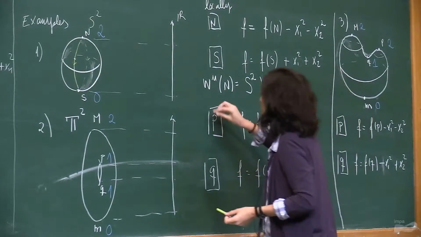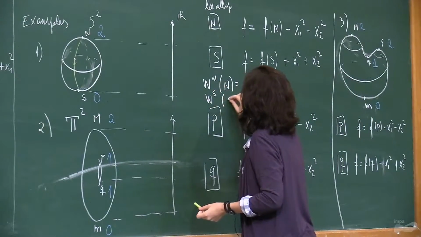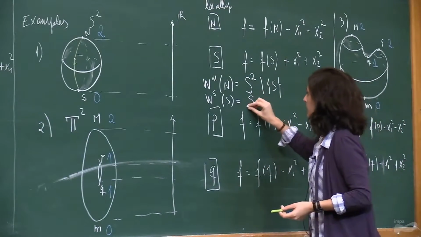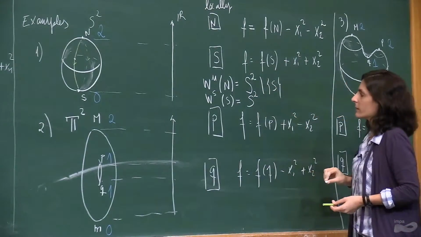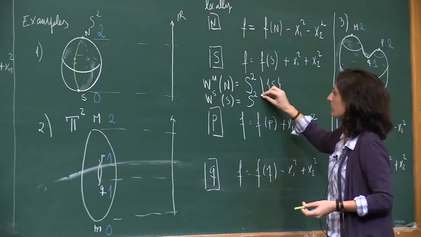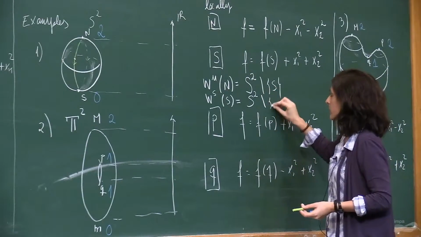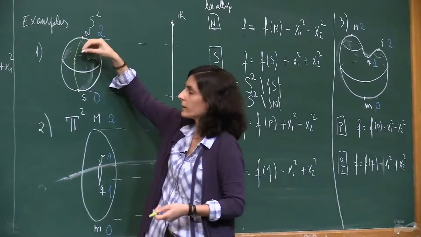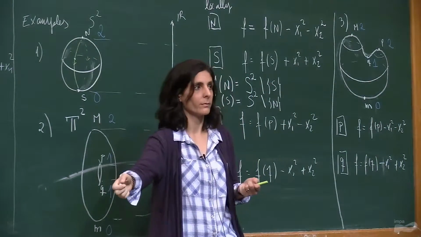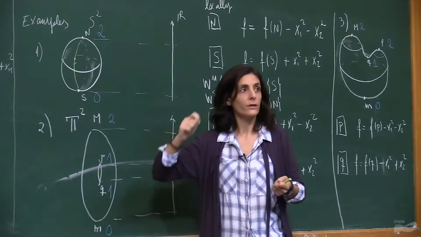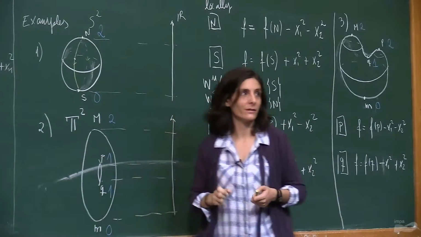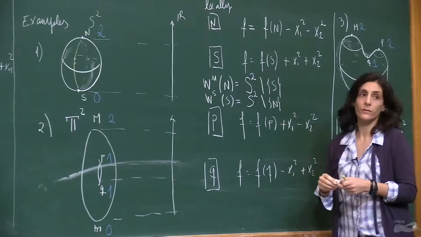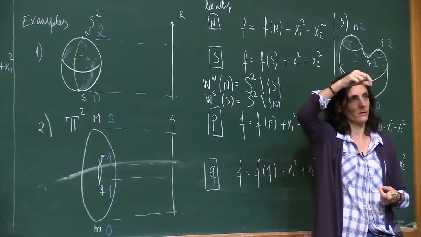What about the stable manifold of the South Pole? It's the set of all points on S2 except the North Pole. Each point you take, in infinite forward time, will reach the South Pole. So when you do the intersection of these two, you get the sphere minus the two poles.